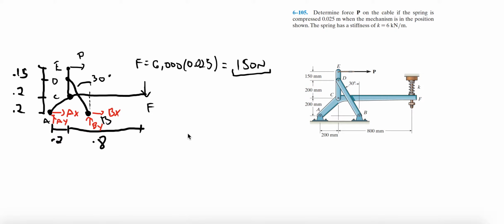So those are the only pins that mechanism has, and it looks like that's about what we can do with the general free body diagram before we have to break it up. Okay, so a good procedure for those type of problems is to see if you can gather some information from the general free body diagram before you break the mechanism apart.